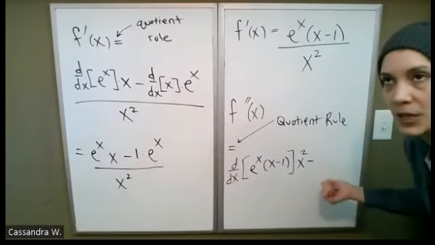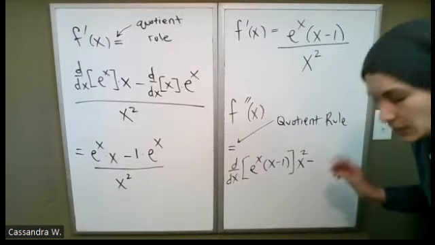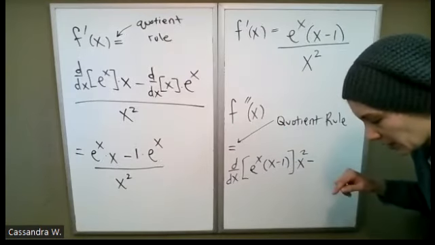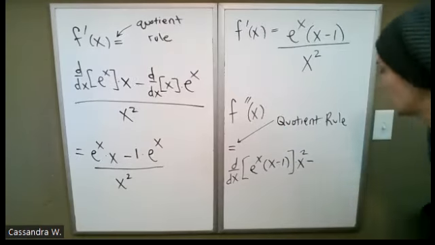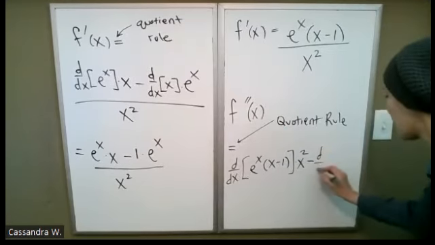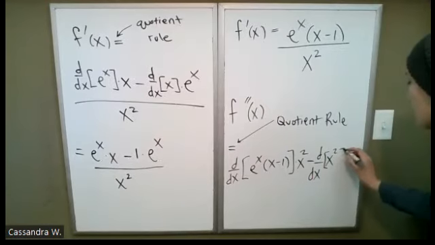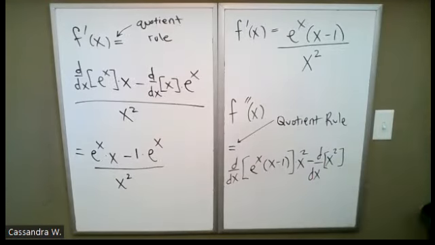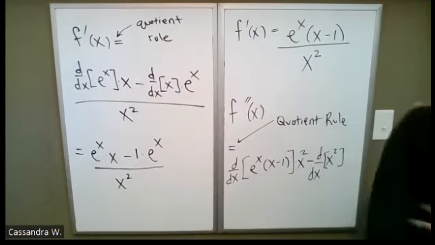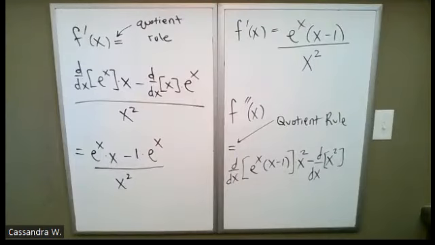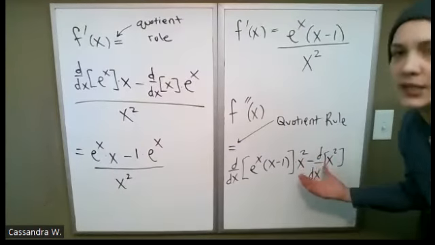Okay, then subtract taking the derivative of the denominator multiplied by the numerator. I don't have enough space.